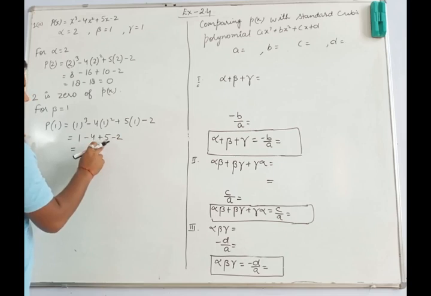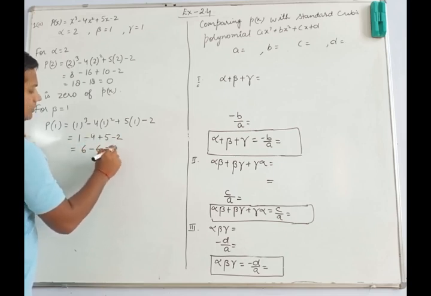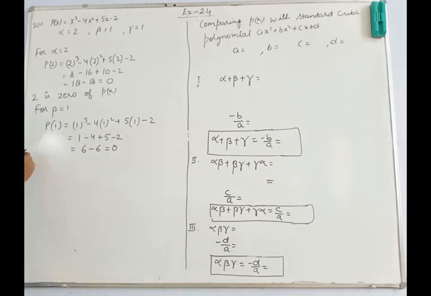So now 5 plus 1 is 6, minus 4 minus 2 is minus 6. So it will give you 0, so you can say that 1 is a zero of P(x).